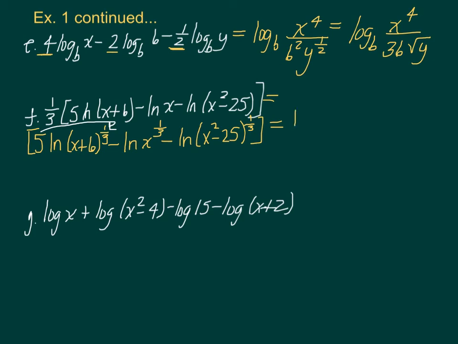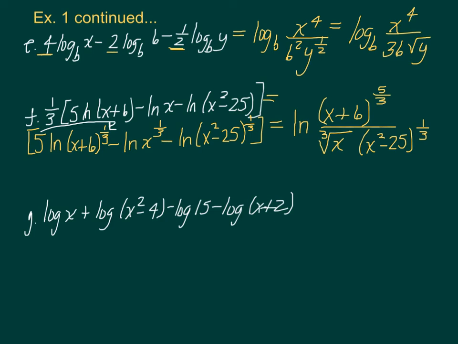So when you write your final answer, you're going to have ln of x plus 6 to the 5/3. I have an x to the 1/3, which is the same thing as the cube root of x, times x squared minus 25 to the 1/3. Or you can put them both under the cube root, or you can leave it like this.